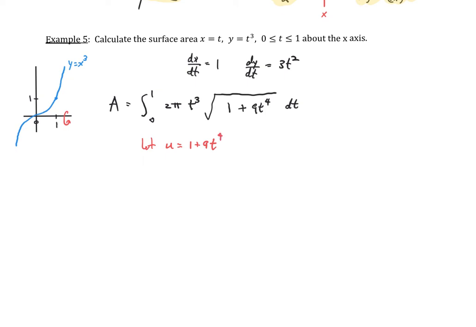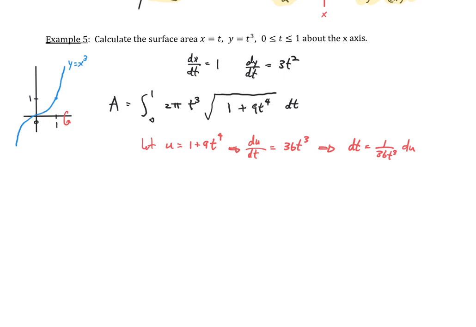This tells me that du/dt is equal to 36t cubed, which means that dt is equal to 1 over 36t cubed du.